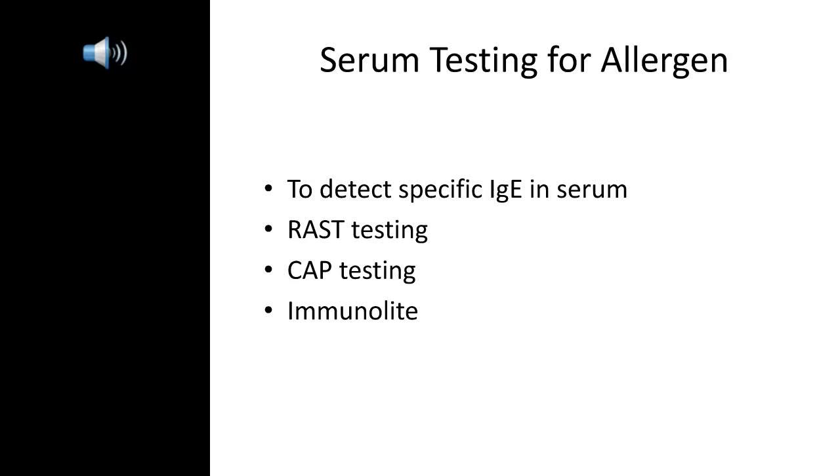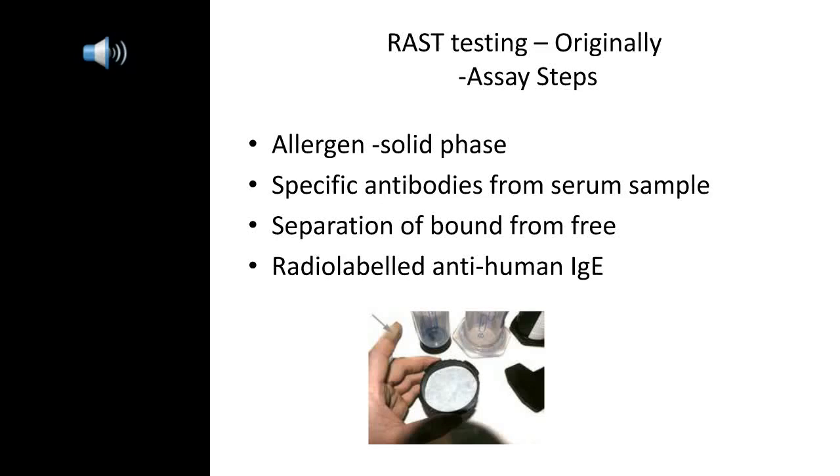Once again, the serum testing originally was this sort of proprietary named RAST testing, and then more recently, Pharmacia, Siemens, a whole range of other manufacturers have produced improvements on this testing.